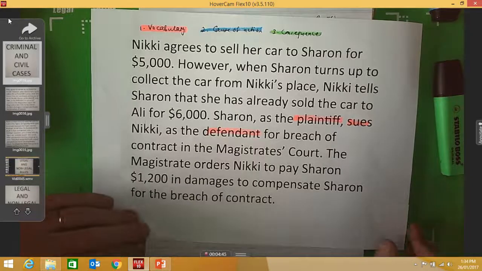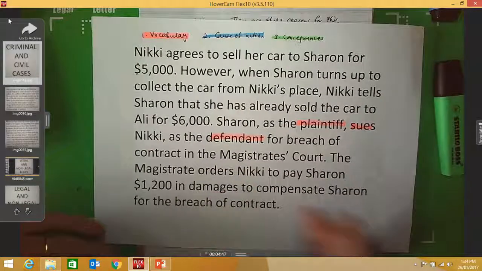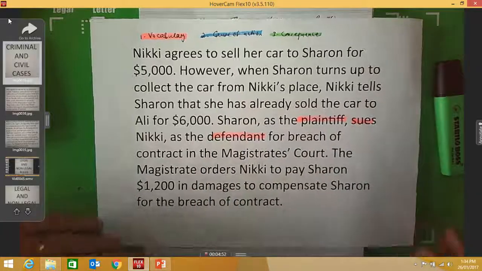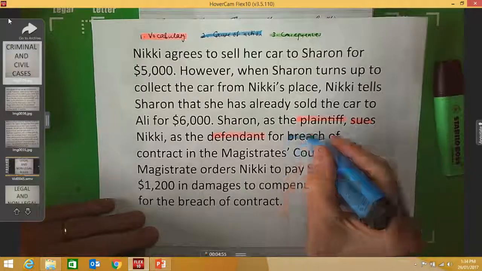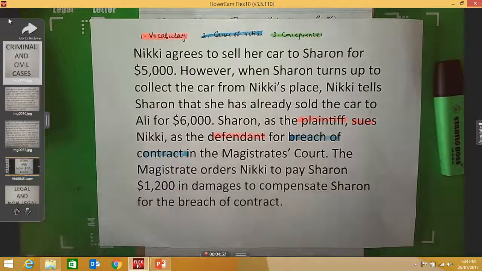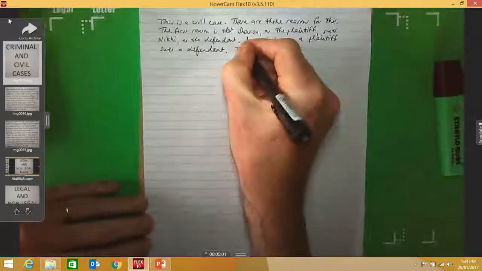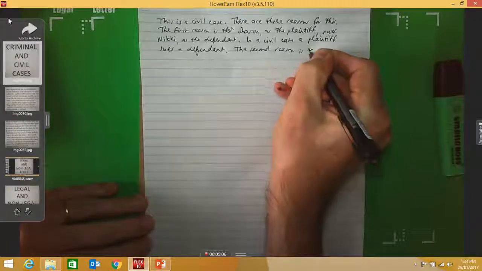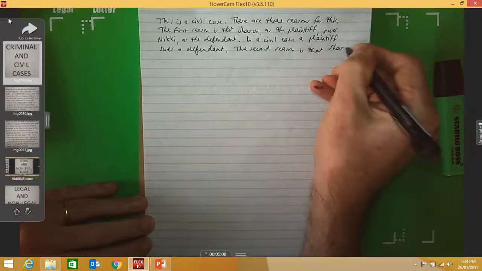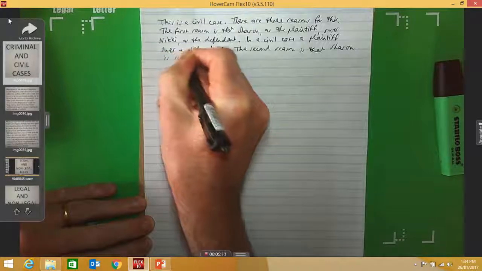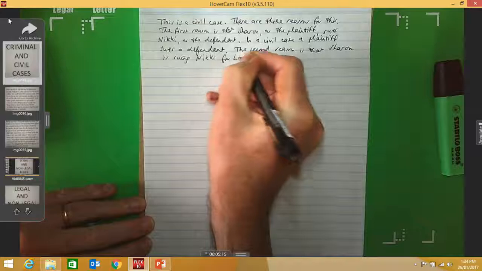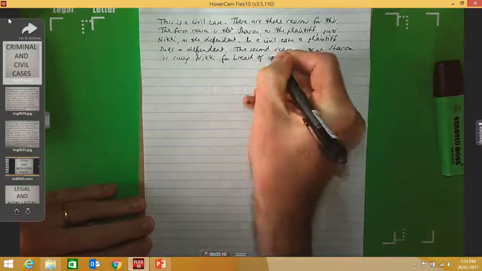All right, we can now turn to the second reason, which relates to the cause of action. And we can see here that Sharon is suing Nikki for breach of contract. And again, we can write this as our reason. The second reason is that Sharon is suing Nikki for breach of contract.